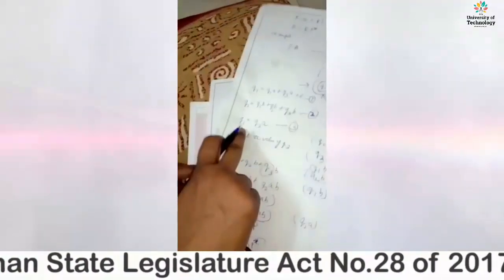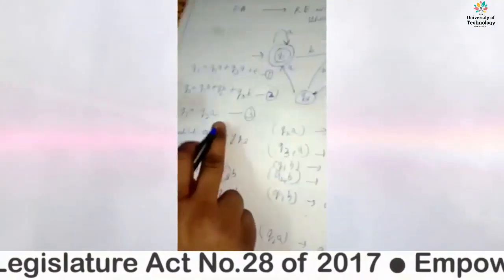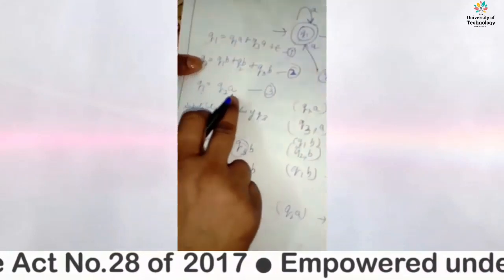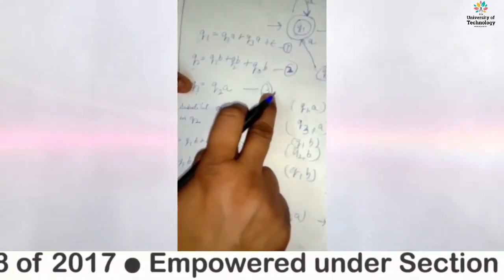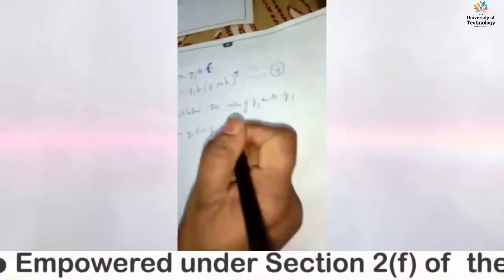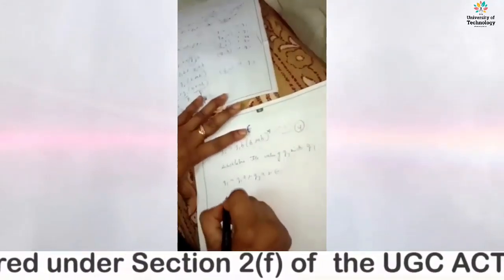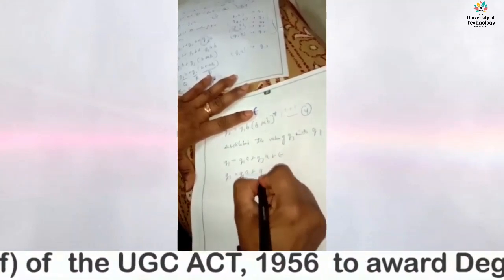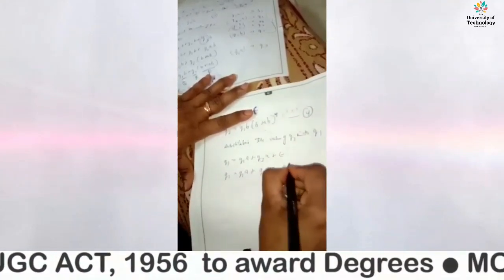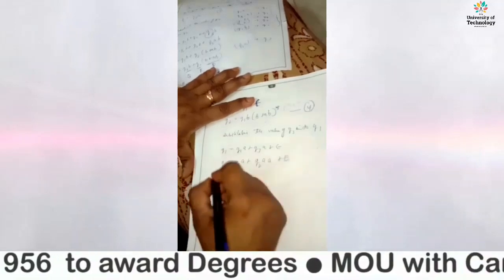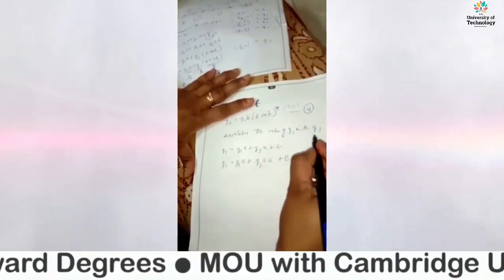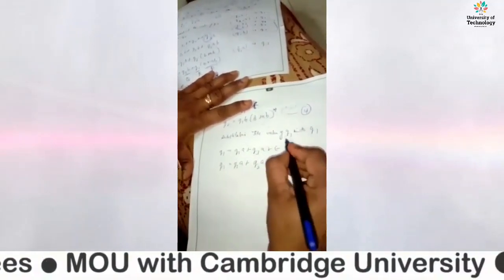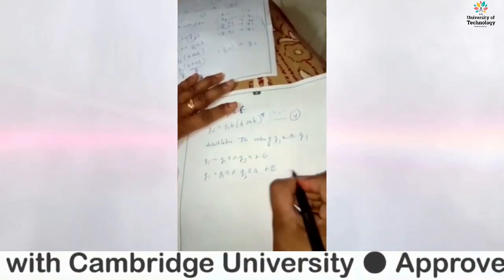Q3 is equal to Q2A. We are going to substitute this value into equation number 1, right? So Q1 is equal to Q1A plus the value of Q3, Q2AA, plus epsilon. This is how we have substituted the value of Q3 into Q1.